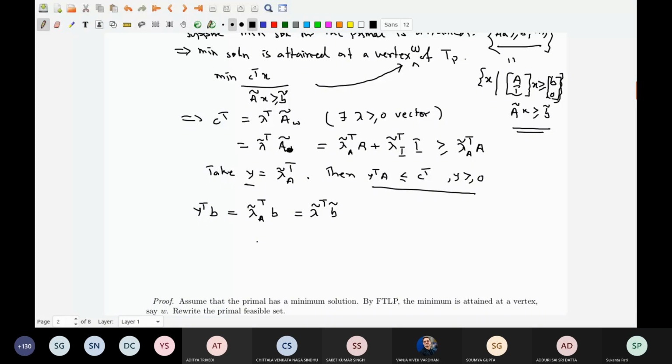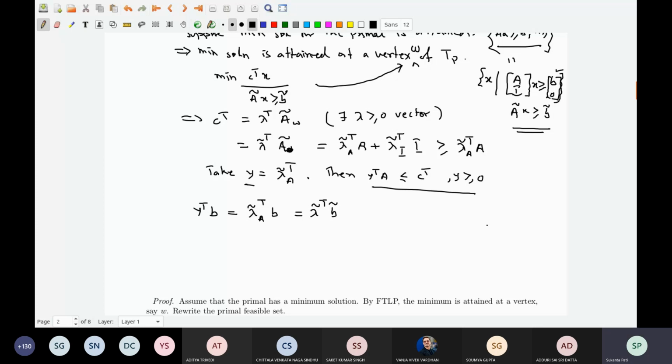Now look, see this b tilde vector. Let me explain why they are the same. The b tilde vector has two parts. On the top part is b and the bottom part is 0. So let me explain it here.